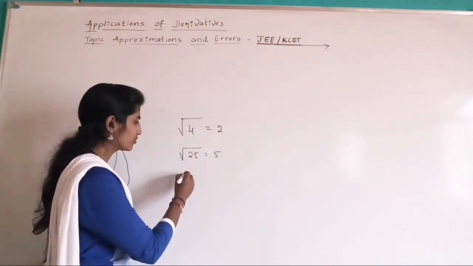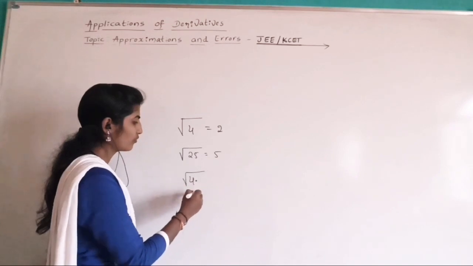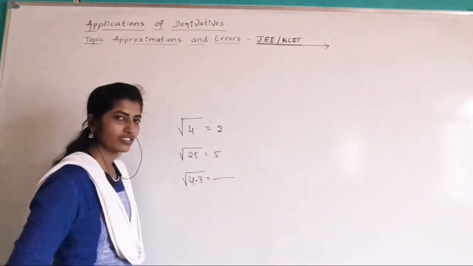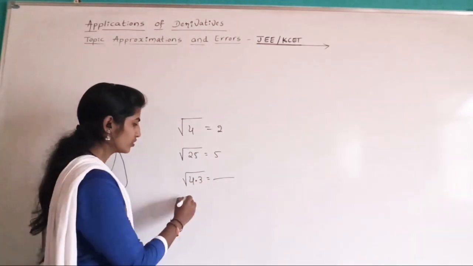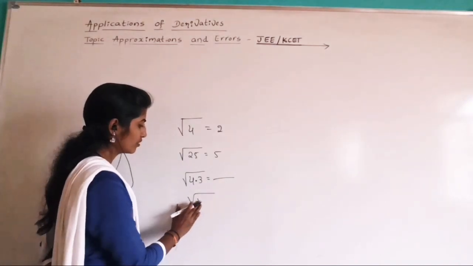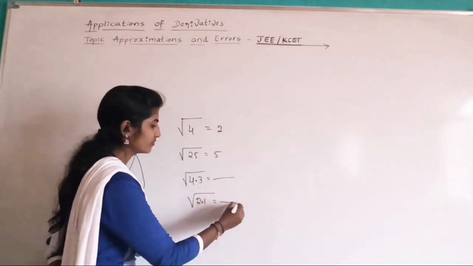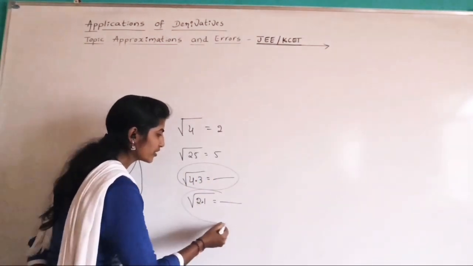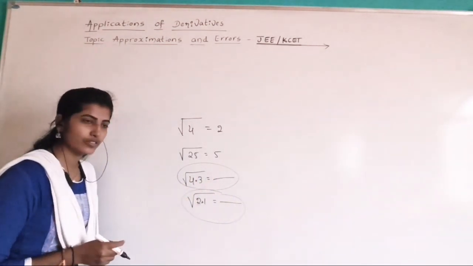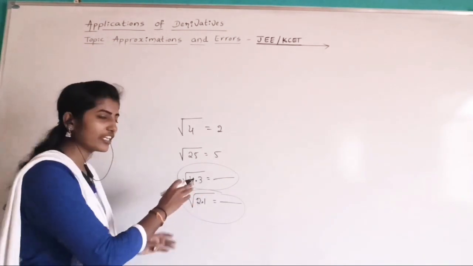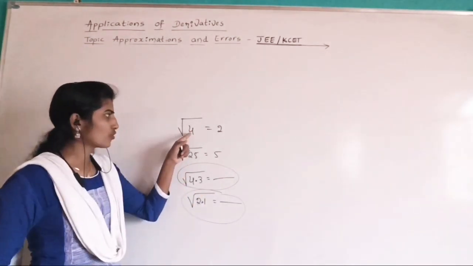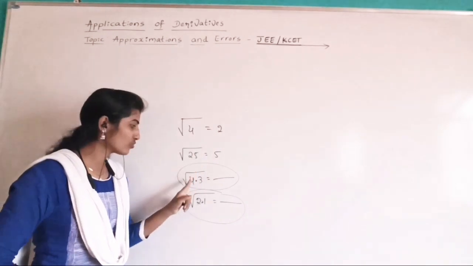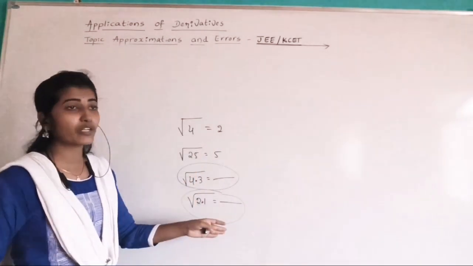Can anybody tell me the square root value of 4.2 within 15 seconds? Or the square root of 2.1? In such cases, approximation is going to help you a lot. The square root of 4 is easy, but the square root of 4.2 or 2.1 is not.